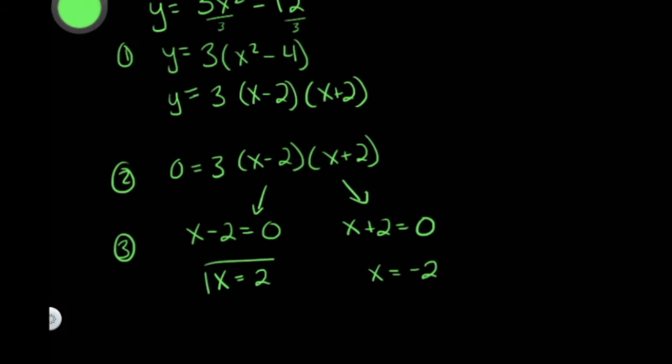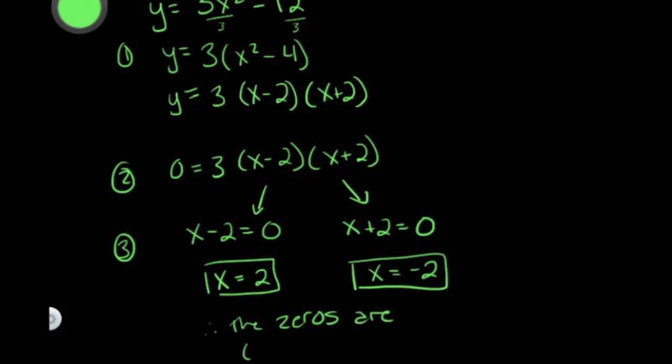So there are my zeros. This parabola will cross the x-axis at +2 and -2. So those coordinates would be, so therefore, the point of intersection, or the zeros are 2 and 0, and -2 and 0.